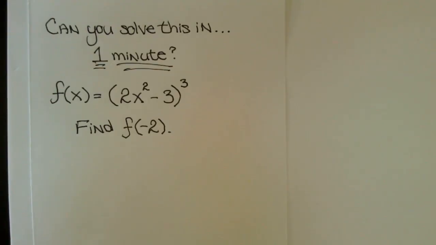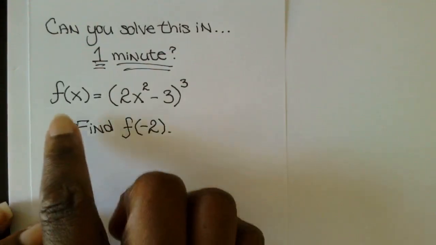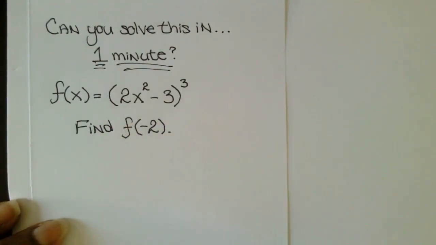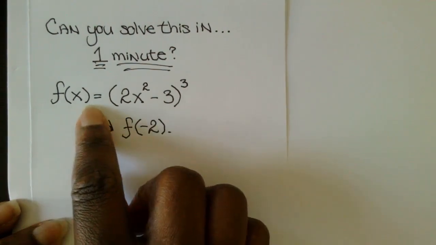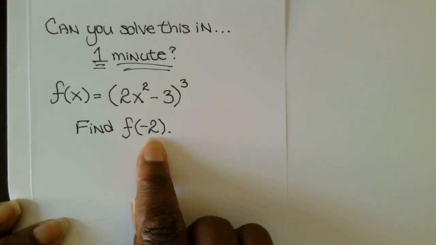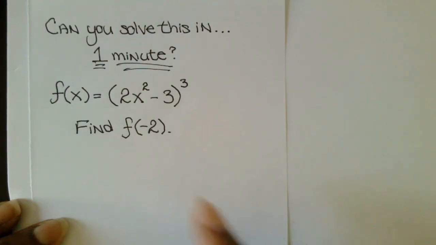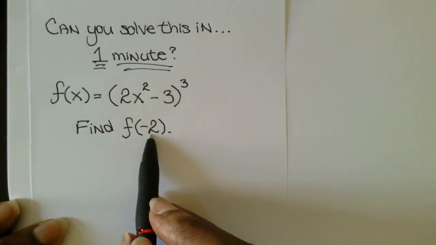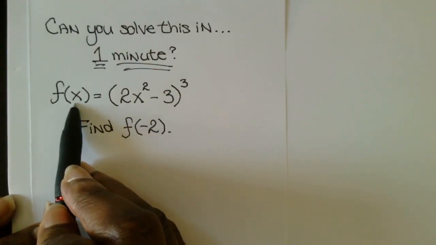Alright, let's see. Now, the answer is 125. Let me show you, because maybe some of you have never seen this before. This setup is called function notation. The function of x is the same as saying y. Notice inside this parenthesis is a -2, in the same spot as where the x is.